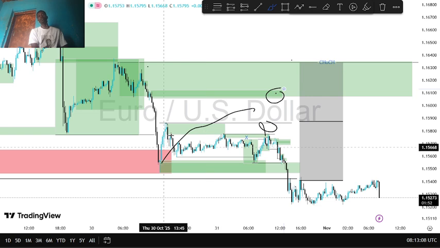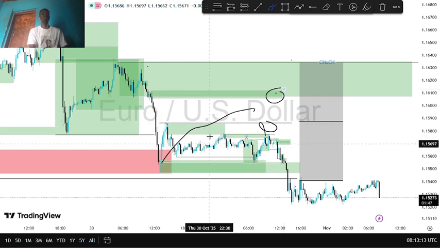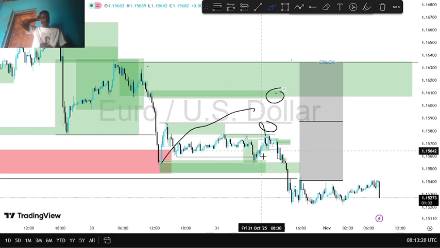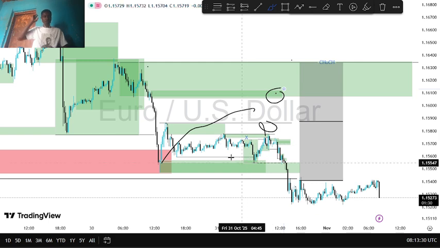I wasn't really willing to sell from this region here because it didn't break any demand or whatever. It's not a flip zone. So I wasn't really interested in selling at this zone, right? But I will get into it a little bit later because that one is quite advanced.